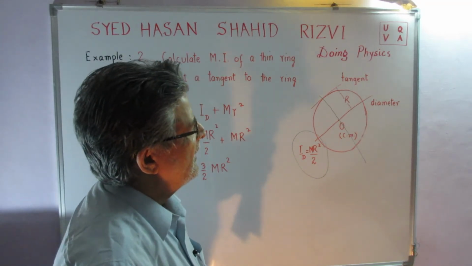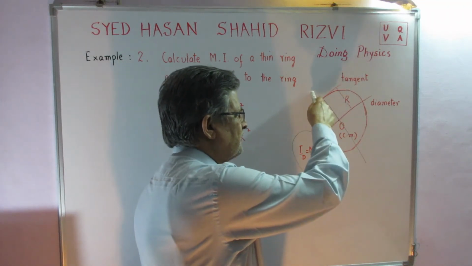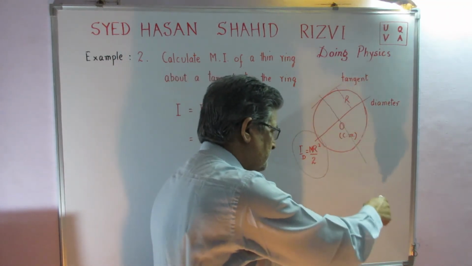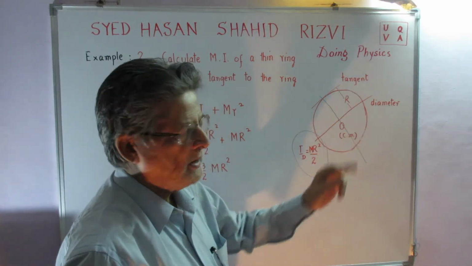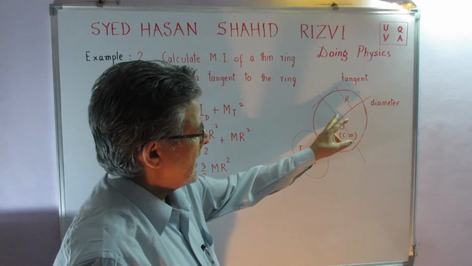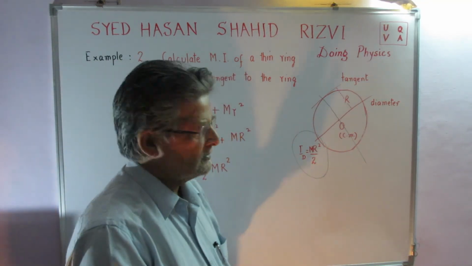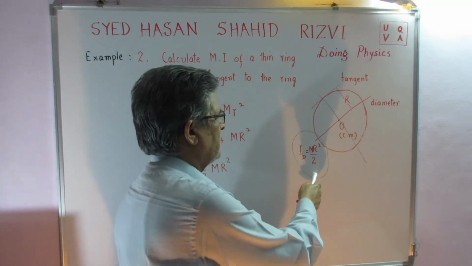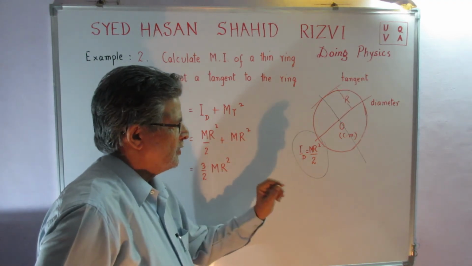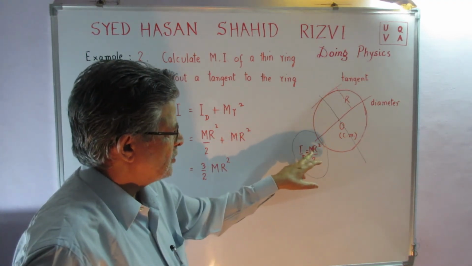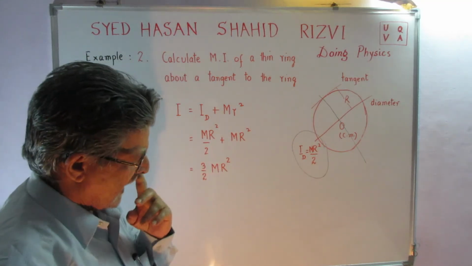Therefore I can say that the moment of inertia about this diameter plus the moment of inertia about this diameter is equal to the moment of inertia about the perpendicular axis. So mr square is equal to something plus something, and those are equal. So the value of the moment of inertia about any diameter turns out to be equal to mr square divided by 2. So this is how we have been able to calculate.